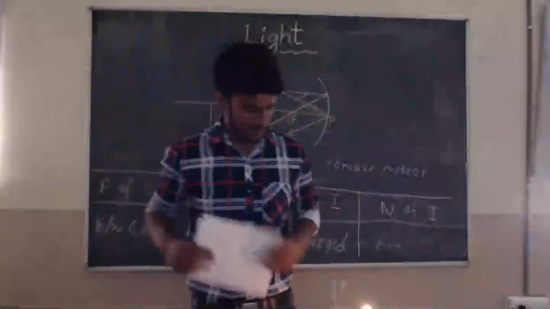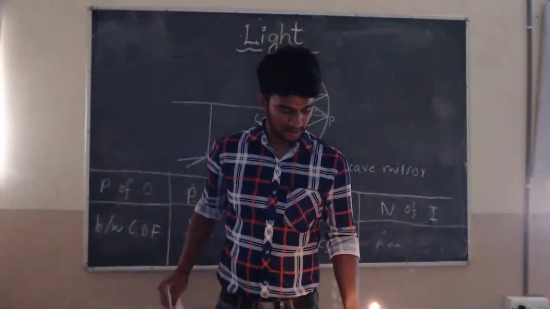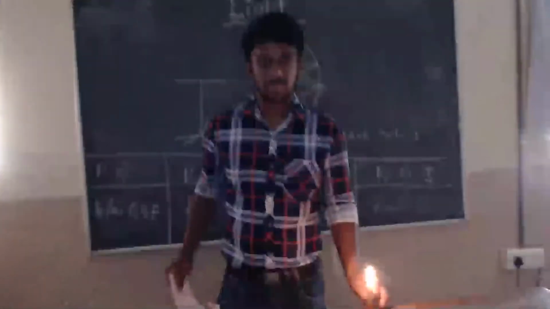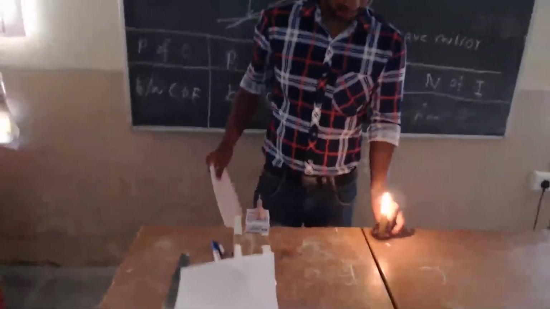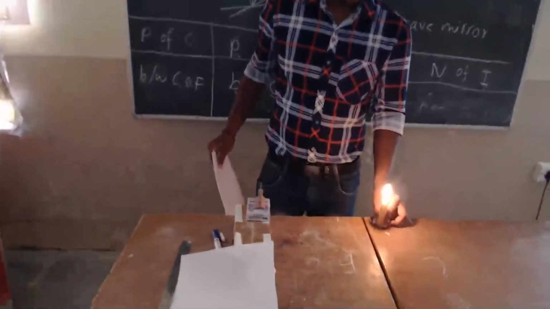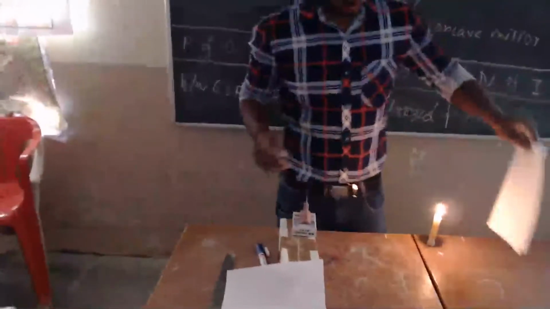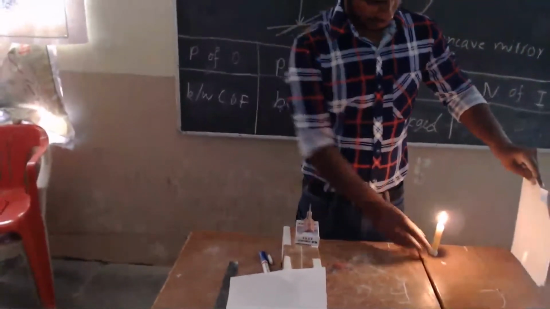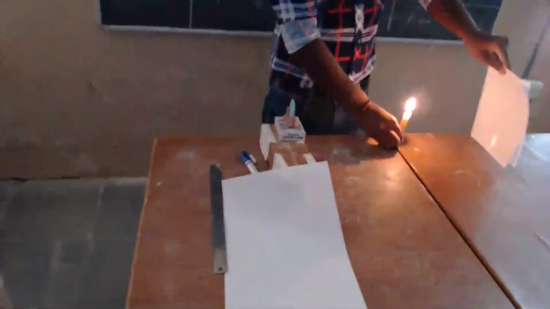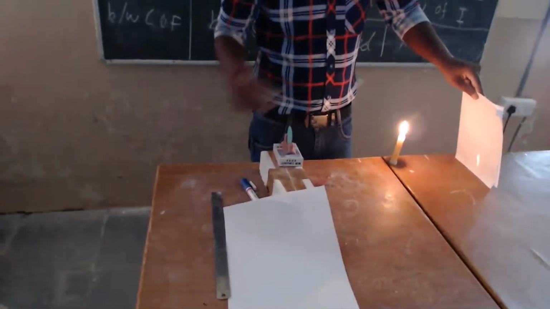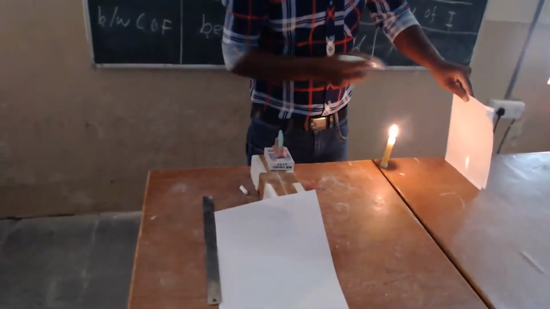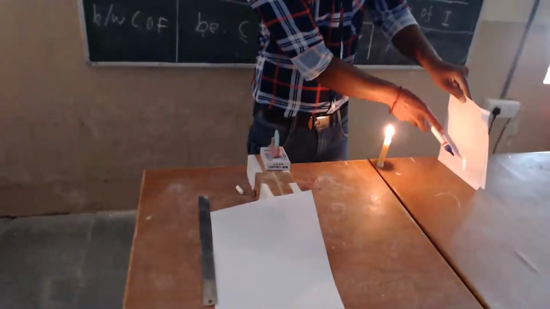So now I will keep the object between C and F. See, at this point I am getting the image.